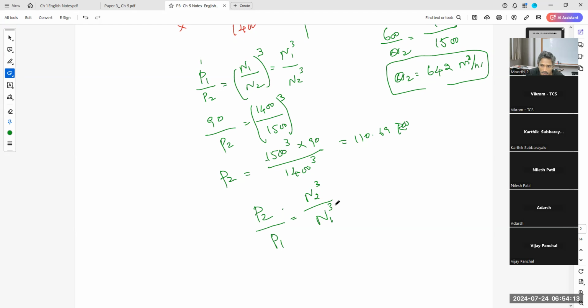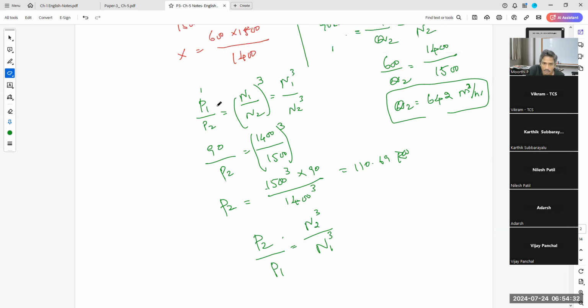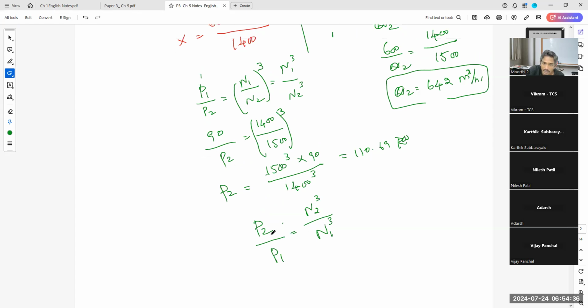Anyone, any doubt? No? Others, Vijay? Okay. Understood, na? Because we are confusing the multiplication, straight away we have to write P2 divided by P1 equals N2 cube divided by N1 cube.